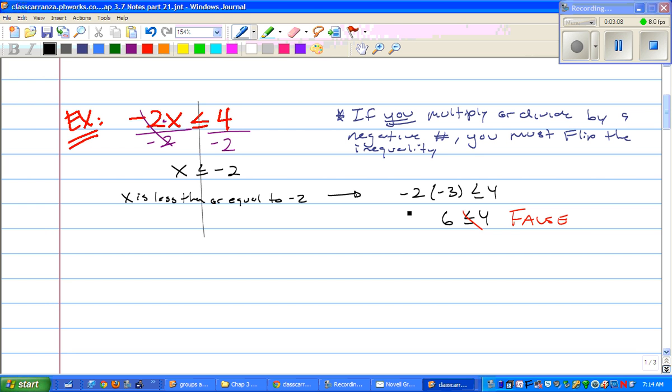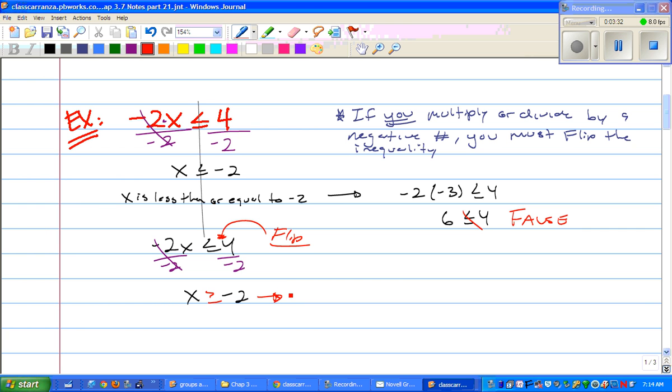Okay? So let's do this problem again. Negative 2x less than or equal to 4. We're going to divide by negative 2. We get x, negative 2, and then you need to flip the sign. So that's what we flip.